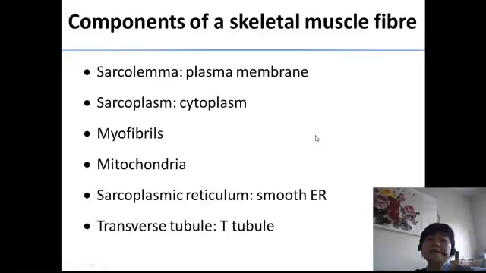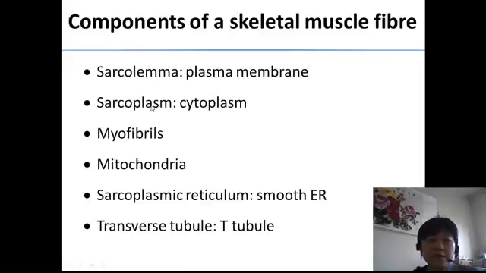Within a skeletal muscle fiber, which is a single skeletal muscle cell, these are the structures we would like to learn. First is the sarcolemma, which is the plasma membrane, the cell membrane. With muscle you call it a sarcolemma because sarco means muscle.